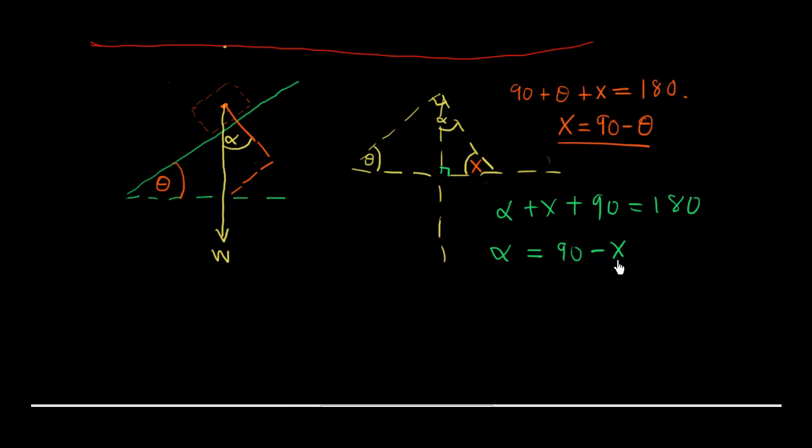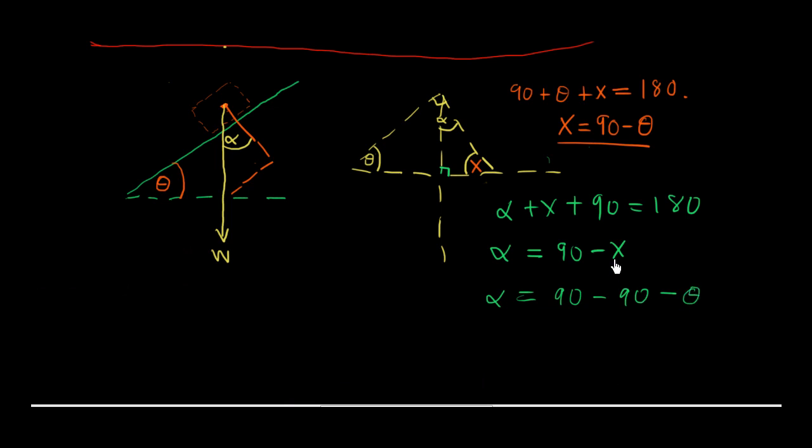Alpha equals 90 minus x, and we know that x equals that. So in other words, substituting this guy, we're going to put that x into there. Then alpha is equal to 90 minus x, and x is 90 minus theta.